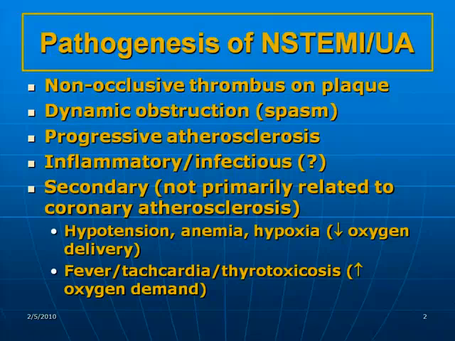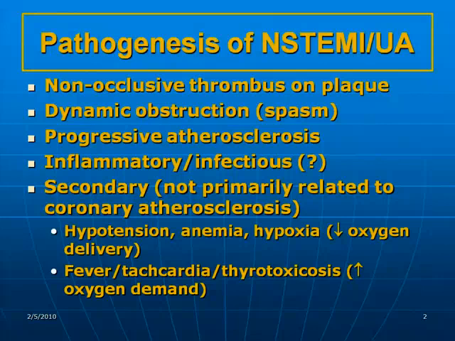On slide 2, there are some other causes of non-STEMI unstable angina, and so these are perhaps a bit more important than it was for STEMI. Dynamic obstruction, spasm, we talked a little bit about that before. Patients with severely progressive atherosclerosis, 98, 99% blockage, who then go out and vigorously exercise.